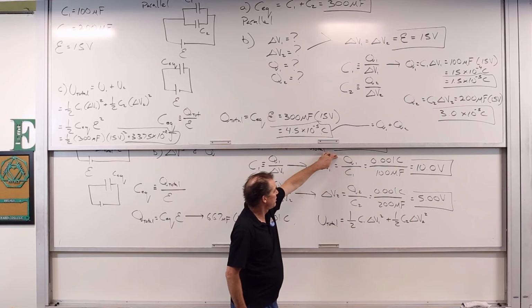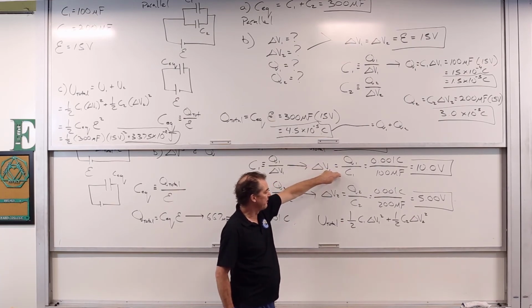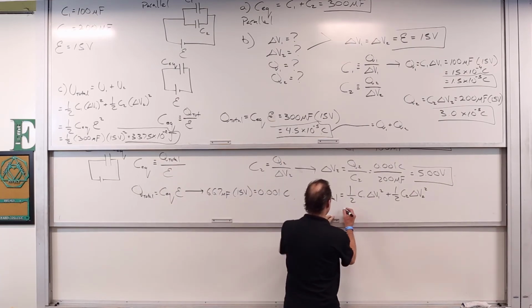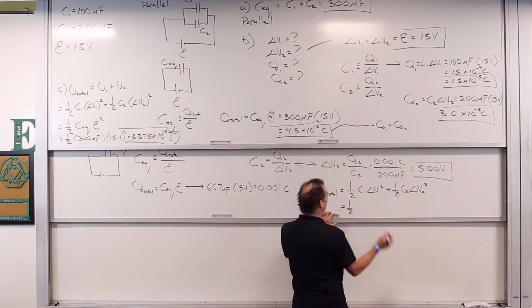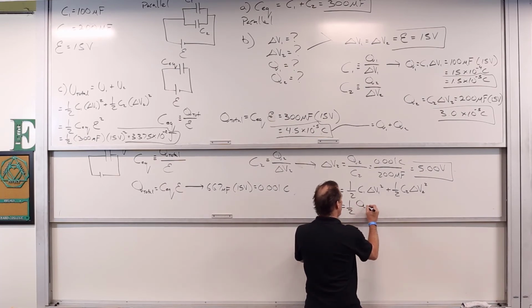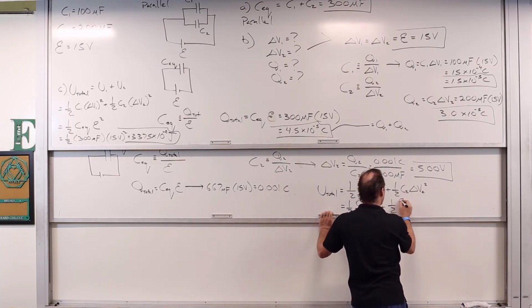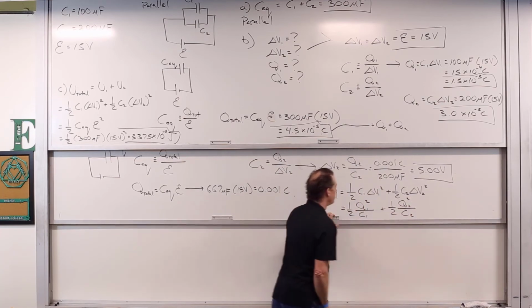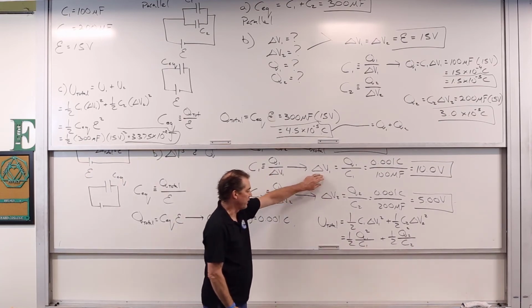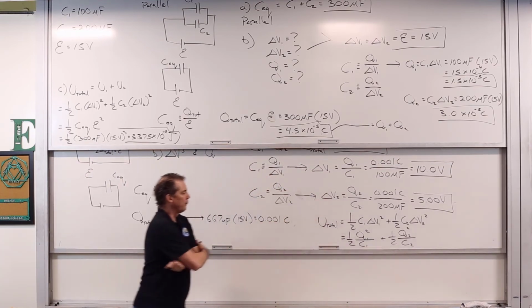I can say that that's Q1 squared divided by C1 squared. And I can rewrite this as being equal to 1/2 Q1 squared divided by C1 plus 1/2 Q2 squared divided by C2. And again, just going back to the definition, here we go.